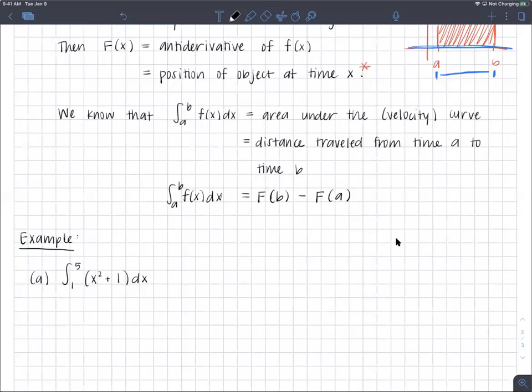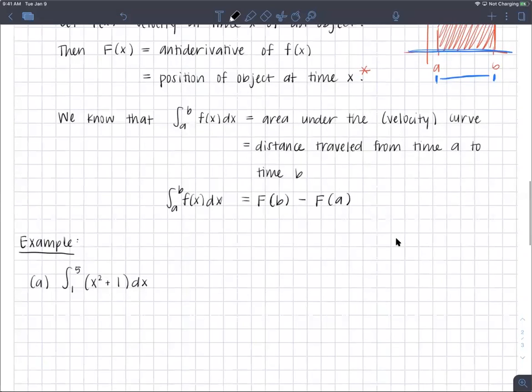So here, this is going to be f of x. We need to find the antiderivative of this piece right here. So what is the antiderivative of x squared?